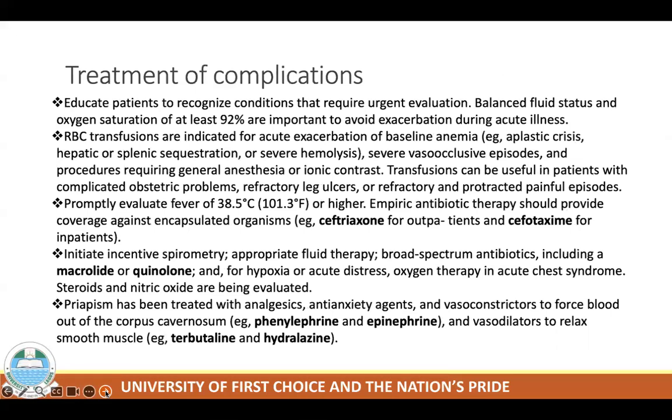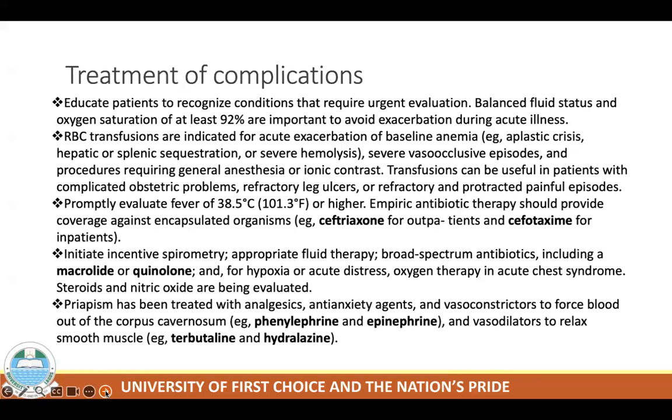In terms of treatment of complications, how do we go about it? Educate patients to recognize conditions that require urgent evaluation, ensure hydration, oxygen saturation, and avoid exacerbations during acute illness.